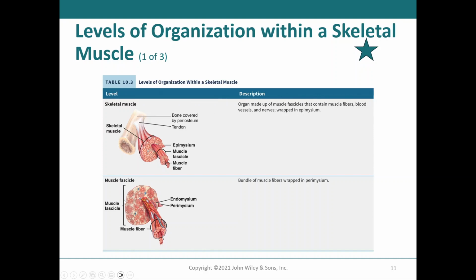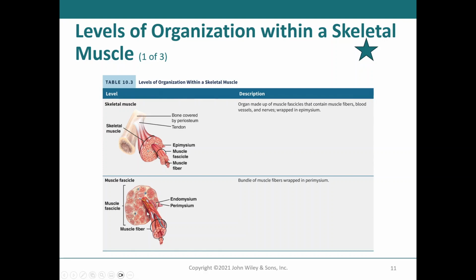We're going to then divide that up into what we call a muscle fascicle. And this muscle fascicle is just a big bundle of muscle fibers. And what we can look at are these muscle fibers right here. And we'll talk about endomysium, perimysium in just a little bit.